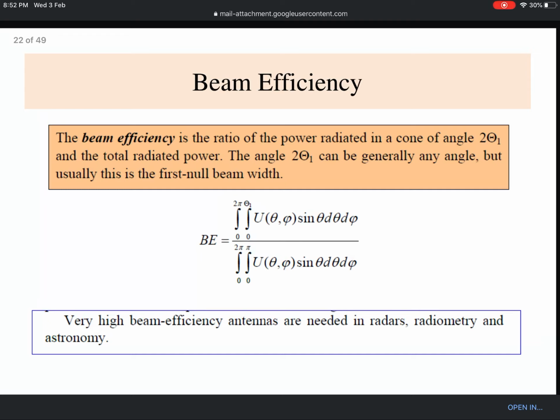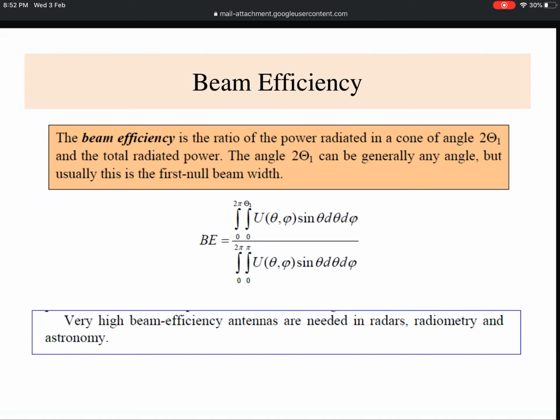To conclude today, what are the things we have seen? We have seen the basic antenna and how it radiates.